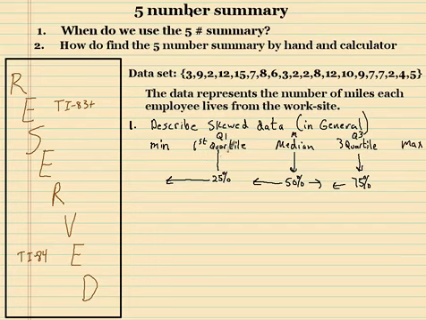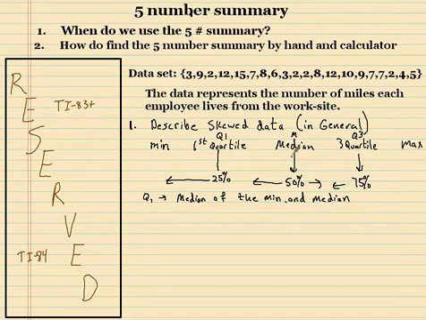So how do we find Q1? We already found the median, so we did those steps. You put them in order from least to greatest, and you just basically cancel out until you get to the middle one. Okay, so the way you find Q1 by hand is that Q1 is just the median of the minimum and the median.